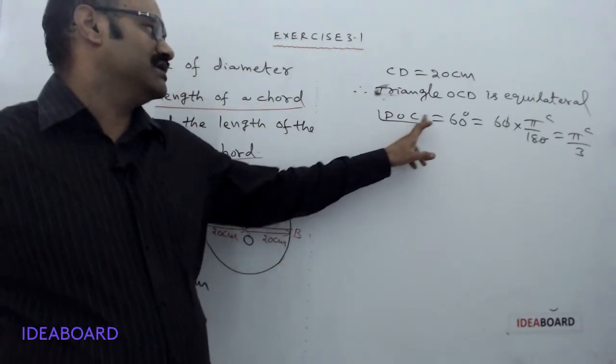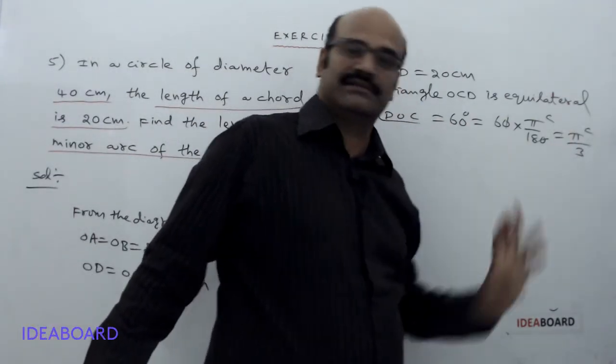So here angle DOC equals pi by 3 radians.